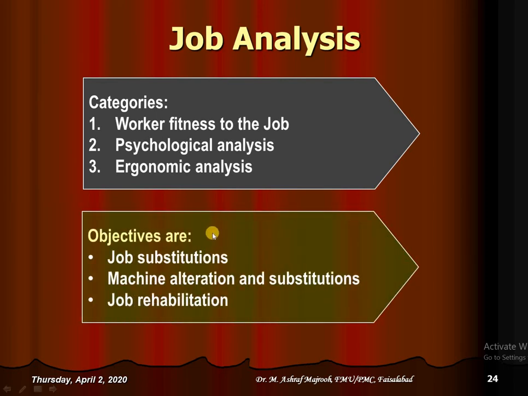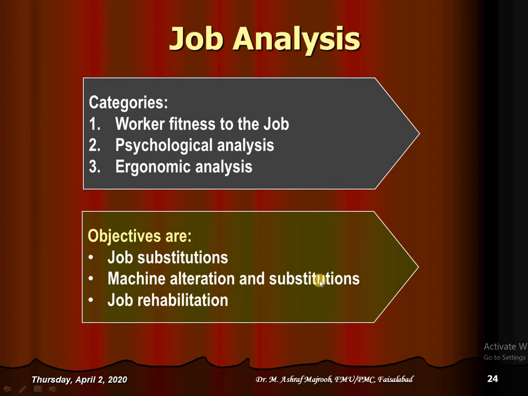Then objectives of the job analysis are job substitutions. If a person is not fitting to one job, then the job is substituted through the job analysis. Then machine alteration and substitution through ergonomic techniques.